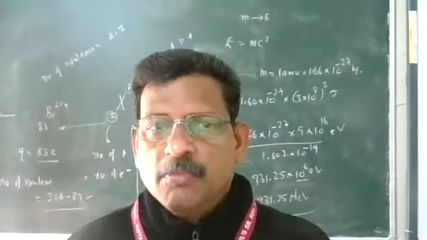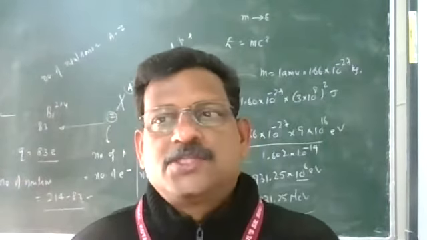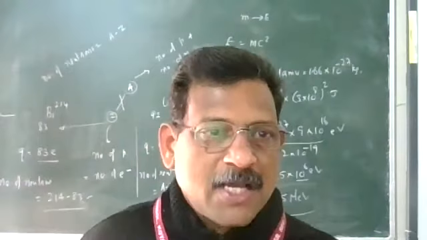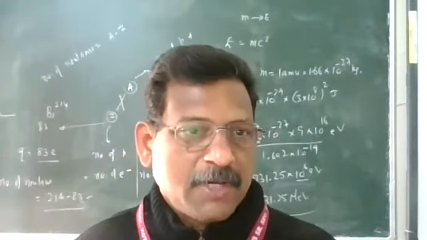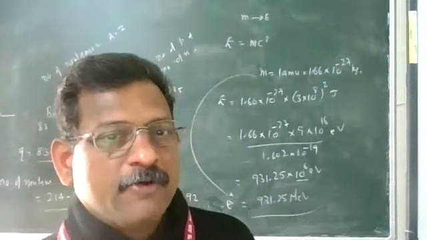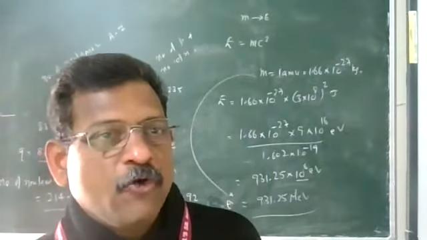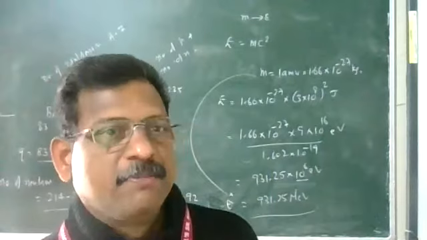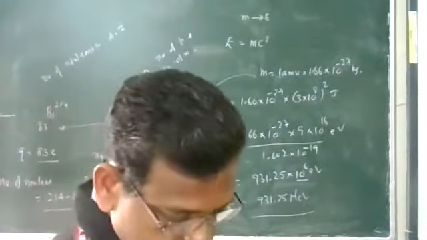Okay, the next important point is the size of a nucleus. Is there any relation between the size and the mass number? Will it increase with the mass number? Yes. From experimental verification we see that the volume of the nucleus is directly proportional to its mass number.